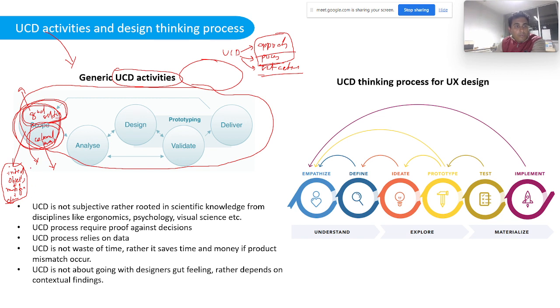Then you try to do some sort of research. In the research, you do contextual inquiry. In the contextual inquiry, you try to gather information like who are the users, who are the other stakeholders, who are the end users, and what are the different ways we can capture the information.